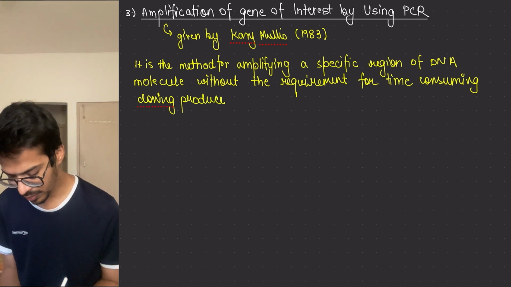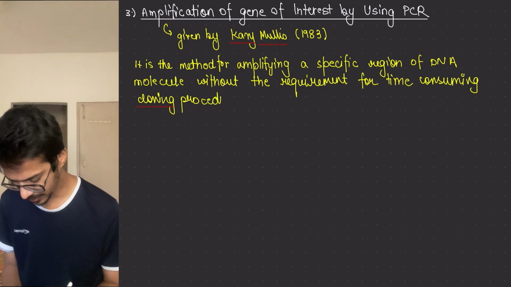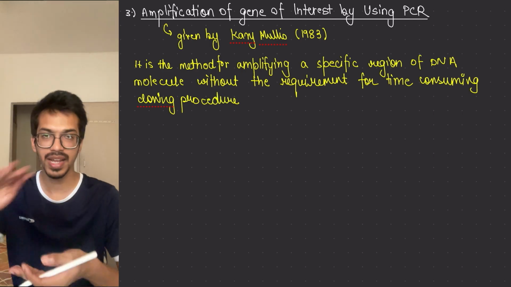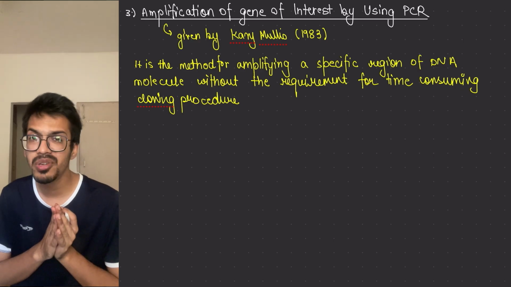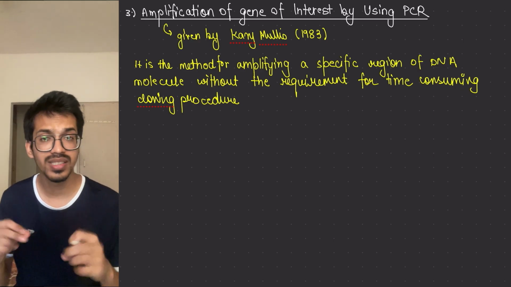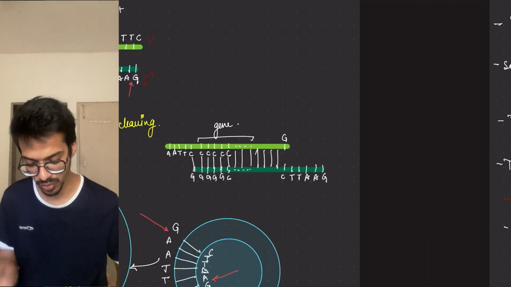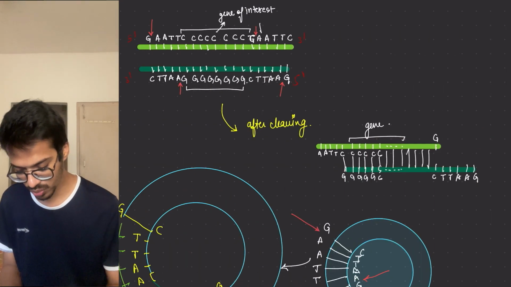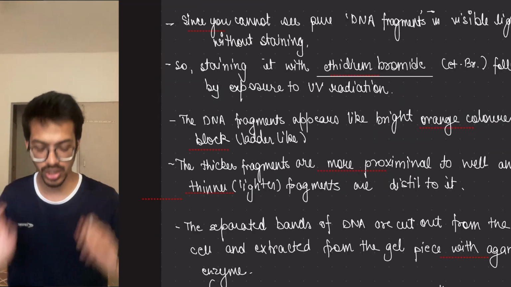Cloning means we are making similar kinds of structures one after another. That also can be done, but that would be time consuming. This is faster. The fragment only which we need, we will give to it. Here the fragment would be this one. We have to make it again and again because this has the gene of our interest.